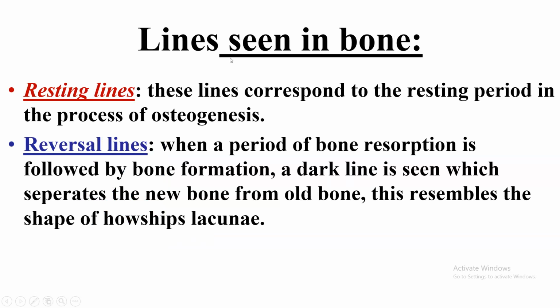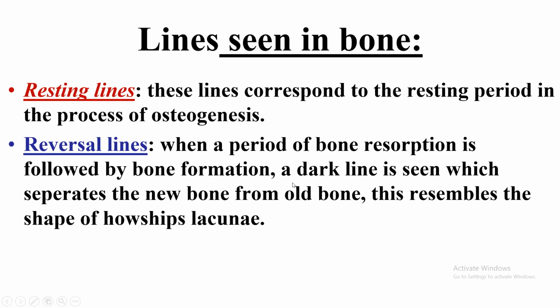What are the lines that we can see in the bone? We have two types of lines. First, resting lines. These lines correspond to the resting period in the process of osteogenesis. When you have deposition of a new matrix of bone, there will be a line between the old and the new, which we call resting lines.